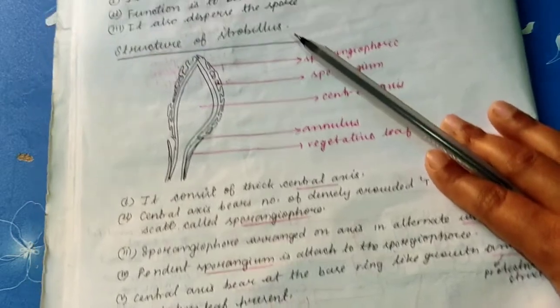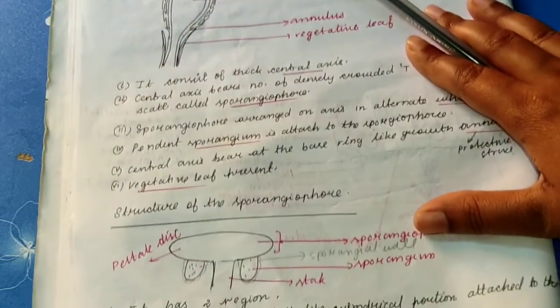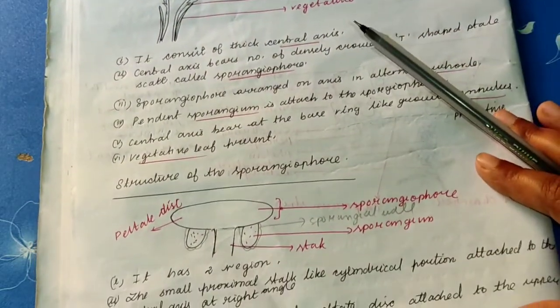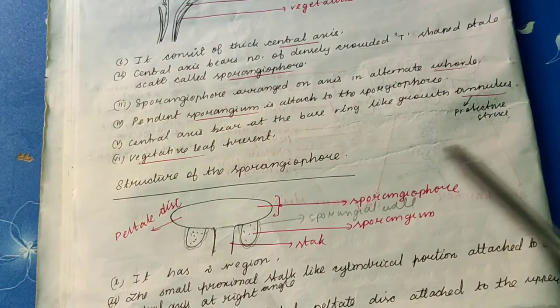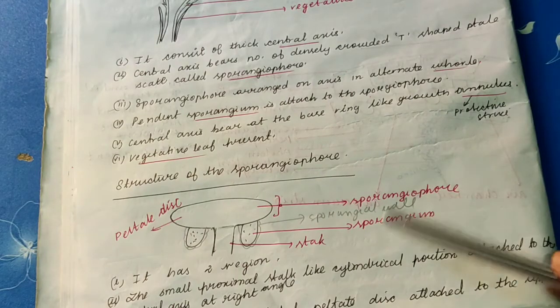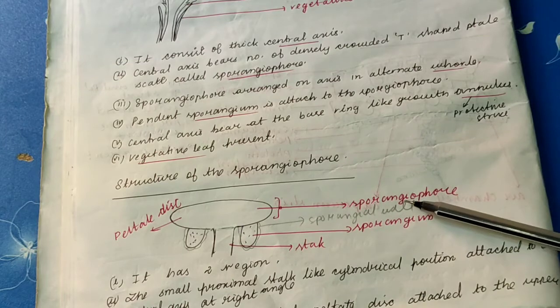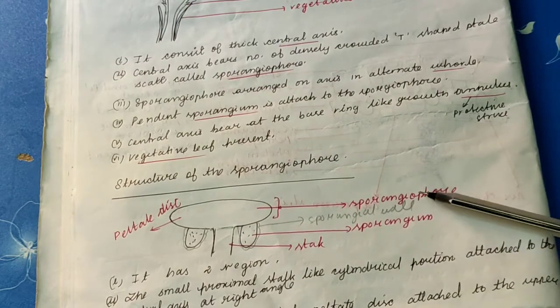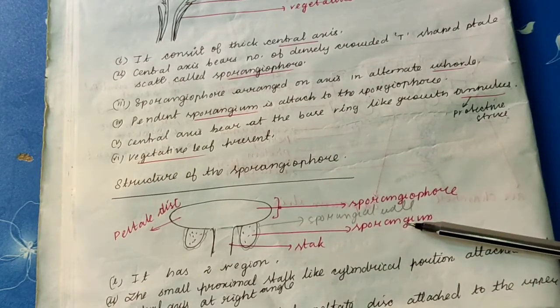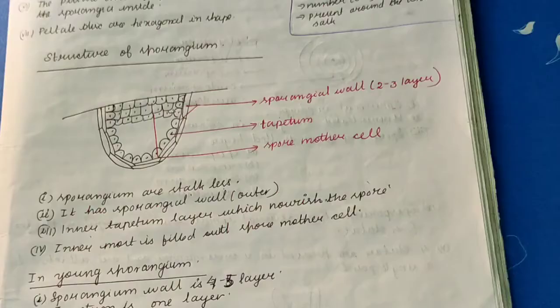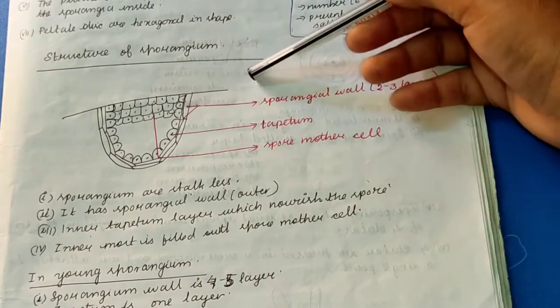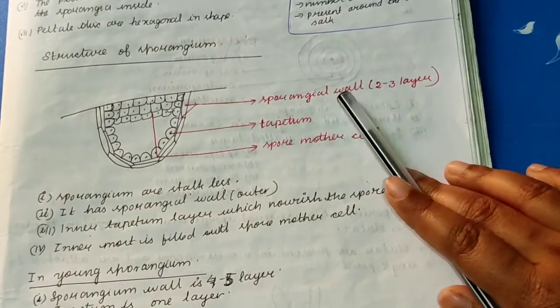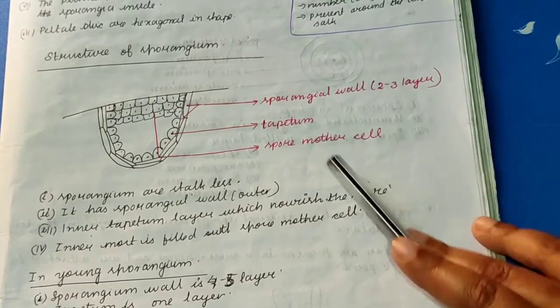The sporangiophores are peltate disc-like structures, and to them the sporangia are attached. And then we saw the structure of the sporangium, which consists of sporangial wall, tapetum and spore mother cell.